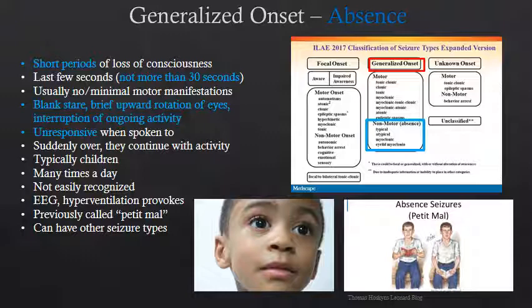They usually present as a blank staring spell with brief upward rotation of the eyes and sudden interruption of the activity that the person is doing. They are unresponsive when spoken to, and suddenly the seizure is over and they continue with the activity that they were previously doing.